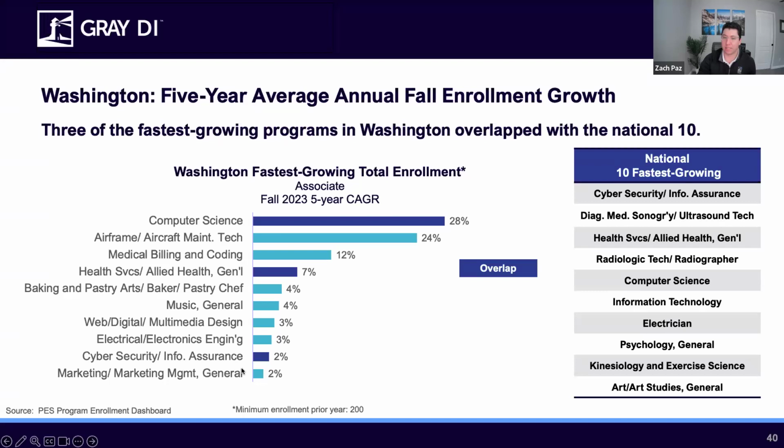So again, there's 7 others that were different in this case: airframe, aircraft maintenance, medical billing, baking, music, web digital media design, electrical electronics, and marketing and marketing management. So again, just relaying the information of you wanting to look local at these trends.